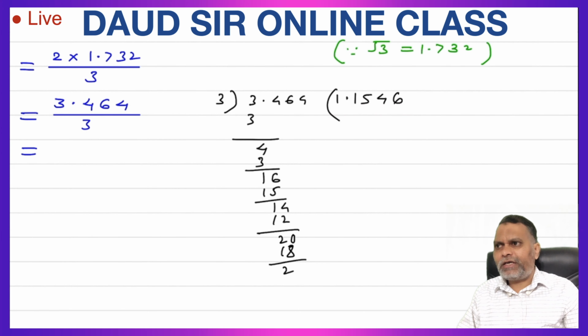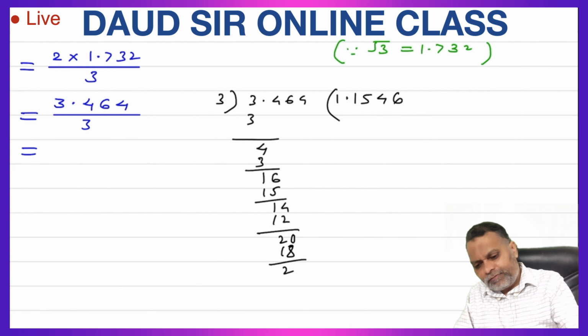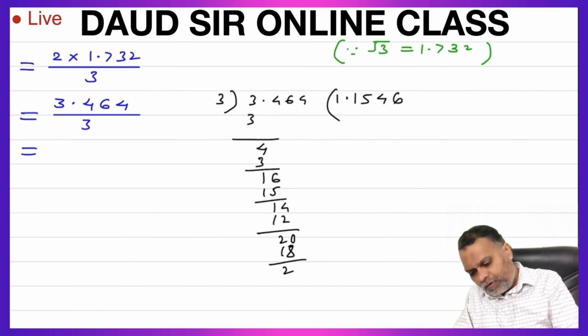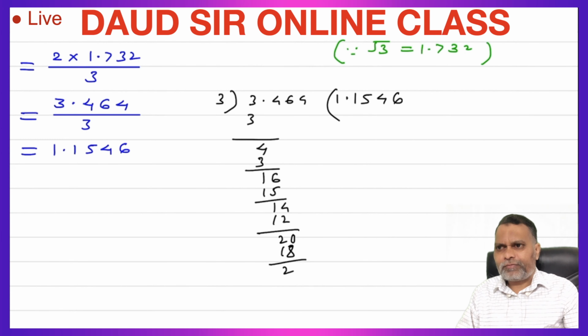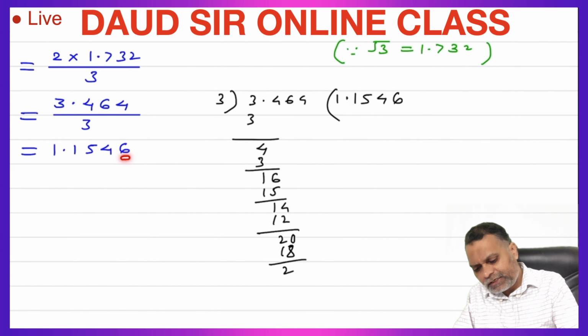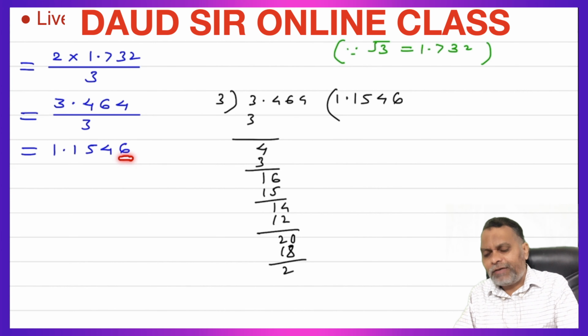We have to write only first write this. So 1.1546, but question is saying only 3 places, up to 3 places of decimal. So 4th digit is 6, which is greater than 5, so add 1 in previous digit.